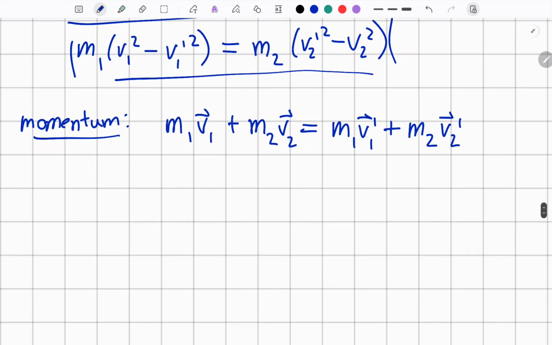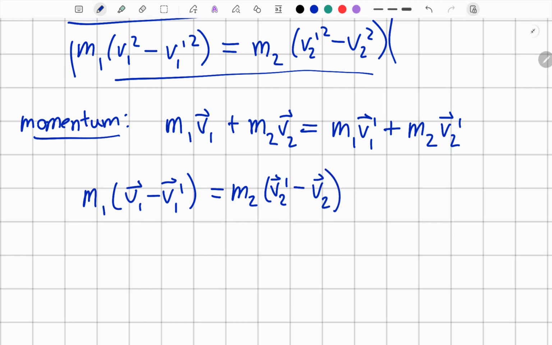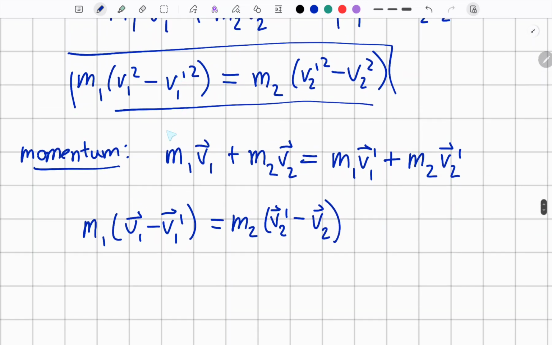In a similar way, we're going to go ahead and rearrange this. So we're going to have M1 times (V1 minus V1 prime) equals M2 times (V2 prime minus V2). You notice these equations have some similarities.